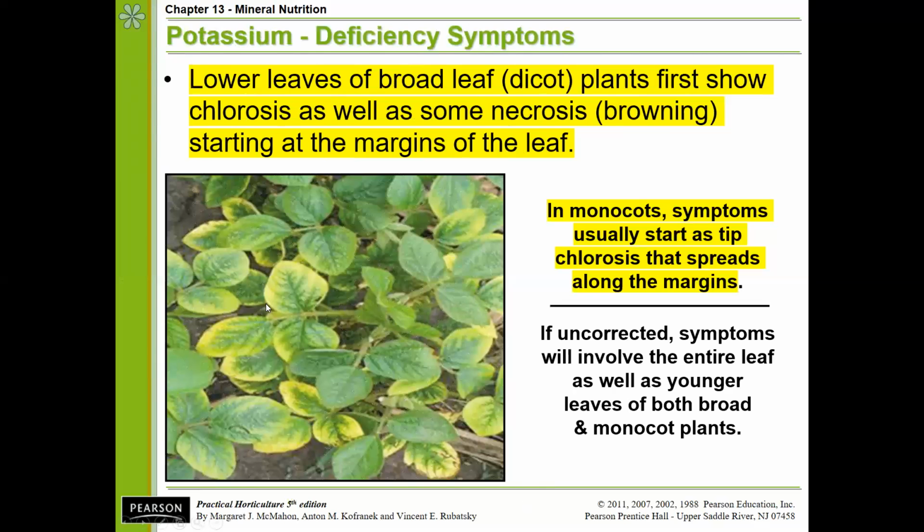And you can see here in this picture, although it's a little bit blurry, an interveinal chlorosis in between the veins of the leaves. In monocots, it starts at the tip of the leaves and then spreads along the margins. And it can look a little bit like a fertilizer burn in some ways. If uncorrected, it will involve the entire leaf as well as younger leaves of both broadleaf and monocot plants.